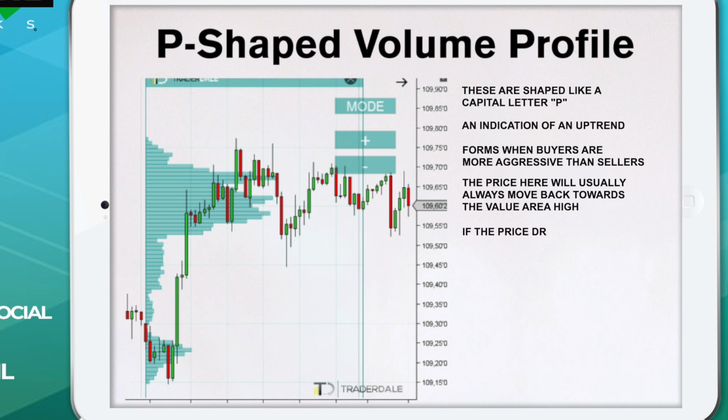With the P-shaped profile, the point of control is going to act like a strong support area. So if the price falls down to the POC, then you could look for an opportunity to buy near volume clusters at the bottom of the value area to take advantage of the potential uptrend.